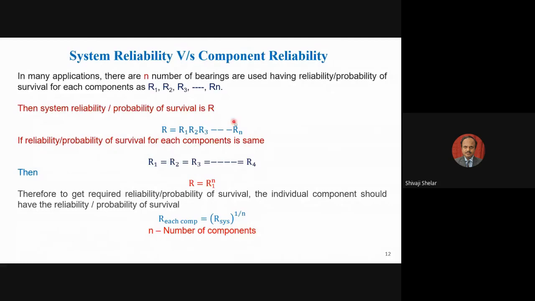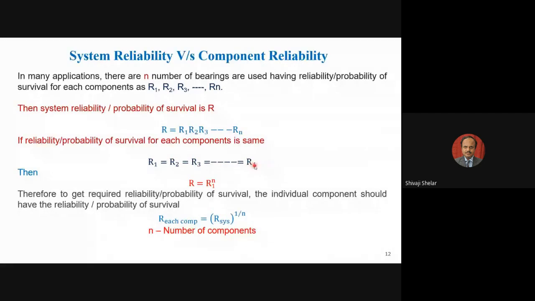So if I am selecting bearings for supporting the shaft, suppose I select the same bearing everywhere. The shaft diameters are almost the same, so for the same shaft at least I will select the same bearing for 2 places or 3 places. So the reliability of each component is the same.